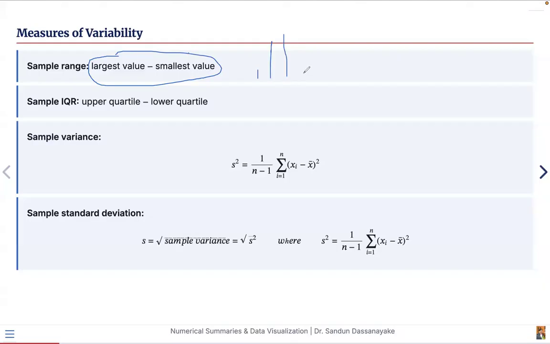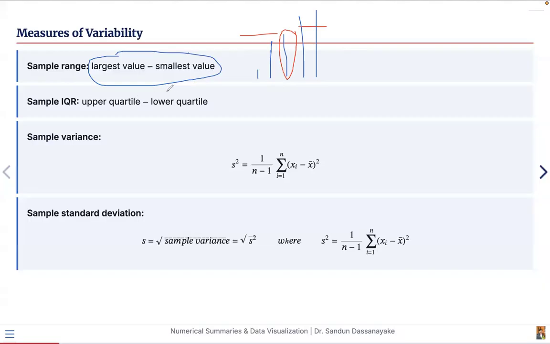Say the values look like this. These are 5 values, and the height indicates the value. They are ordered in ascending order. The median of this sample would be this one, because it is the mid value, which equally divides the set into 2.